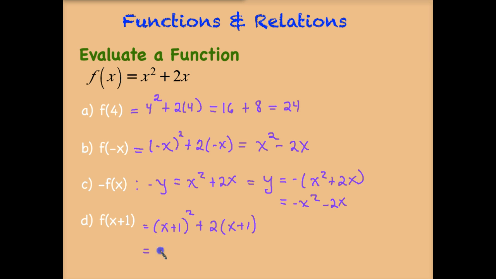Take the first term squared, multiply the first term times the second term, then times 2, so that would be 2x, and then square the last term, we would get 1. For this last part, we distribute the 2 into the parentheses to get 2x plus 2. Now we're ready to combine like terms, and we end up with x squared plus 4x plus 3. And that is how we evaluate functions given a value.